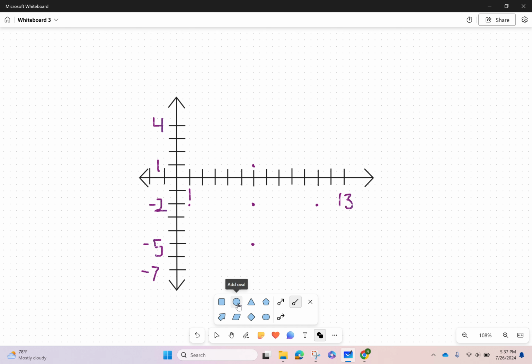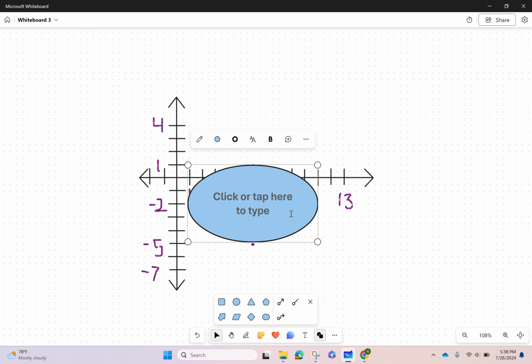Now we have all the points needed for an ellipse. All that's left to do is to draw said ellipse. And I probably should have practiced this a little bit beforehand, but I believe if I go right here and then I bring it up and over to there, and then I make this, how do I make this clear?